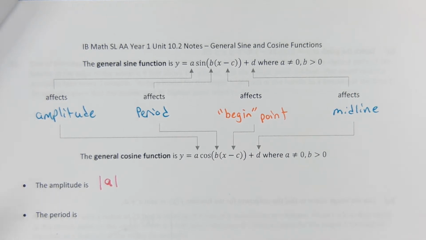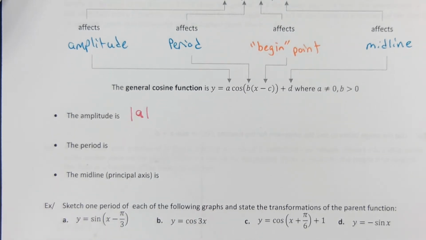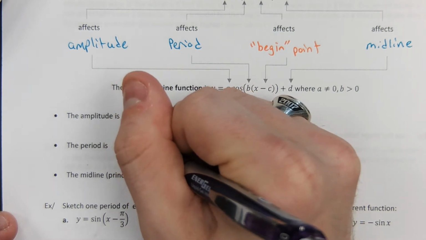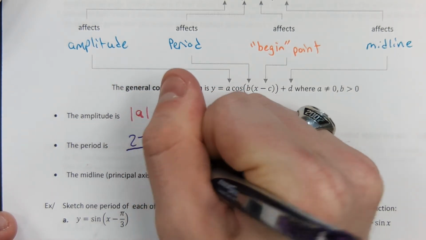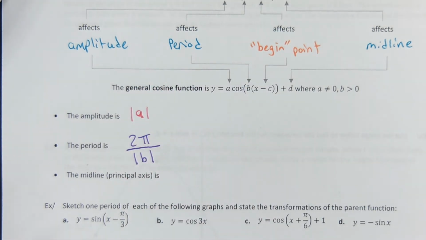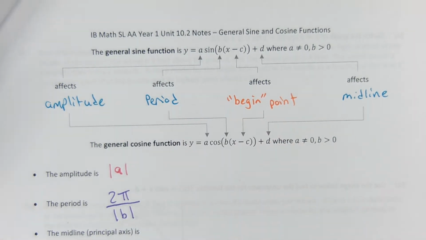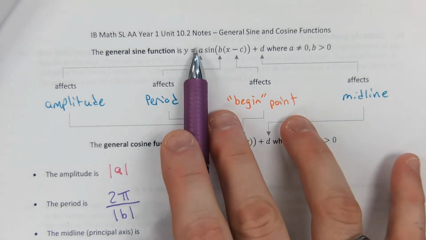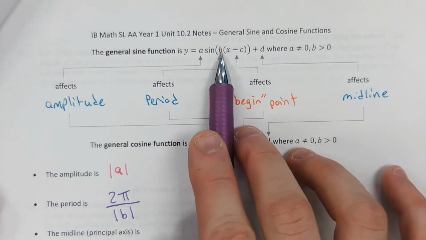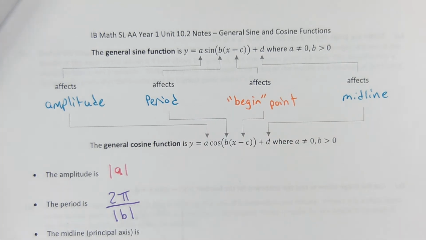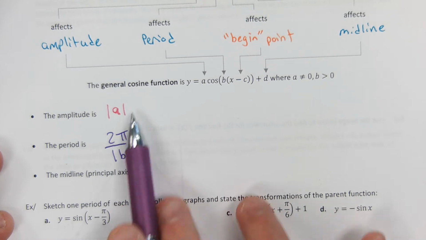It looks like you're multiplying by B. No. You're dividing by B. So the period length is going to be 2 pi times 1 over B, or 2 pi over B. More specifically, the absolute value of B. Again, a negative sign in there is the same transformation it's always been. It's just a reflection over the y-axis. So if you see a negative sign on the front, disregard it when you're talking about amplitude. If you see a negative sign in front of your x, disregard it when you're talking about period length. Period length and amplitude are both absolute values.